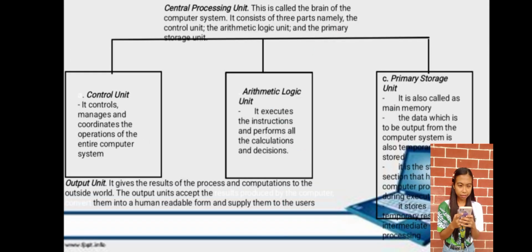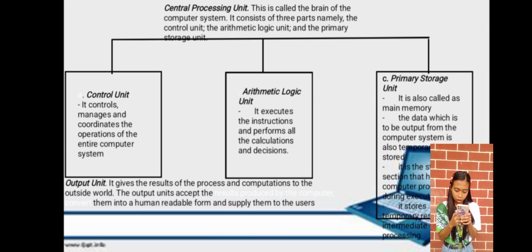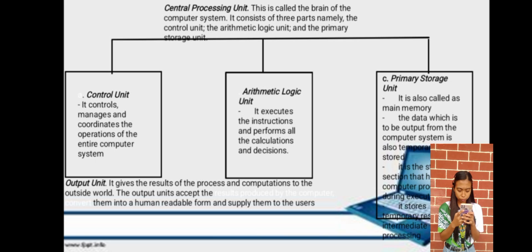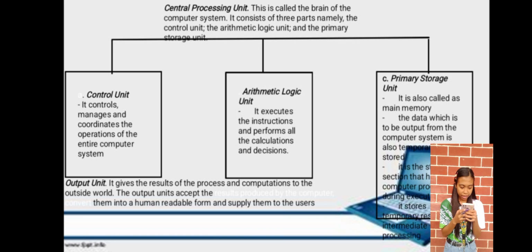Next, central processing unit. This is called the brain of the computer system. It consists of three parts, namely the control unit, the arithmetic logic unit, and the primary storage unit. Next, control unit.